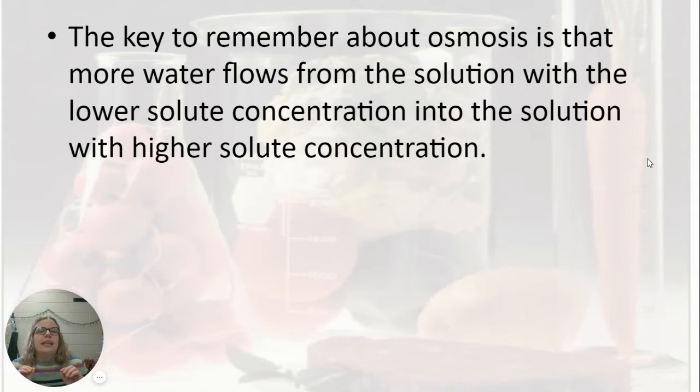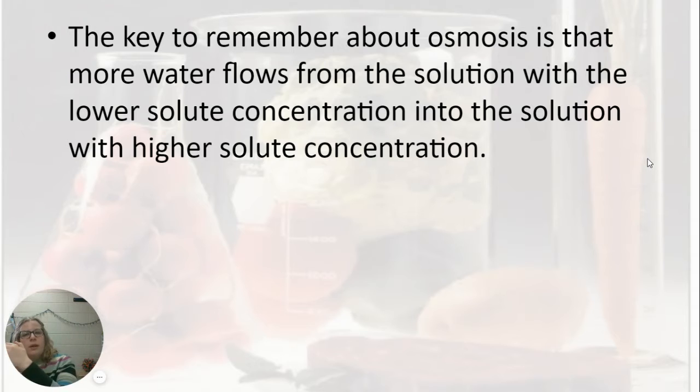The key to remember about it is that water is going to flow from the place with less solute to more solute. Or I think about it sometimes as it moves from the place where there's more water to less water. And you will get movement on both sides of the membrane.